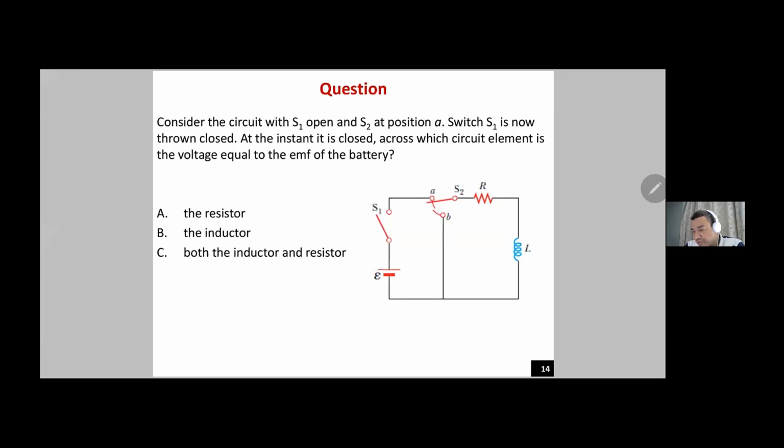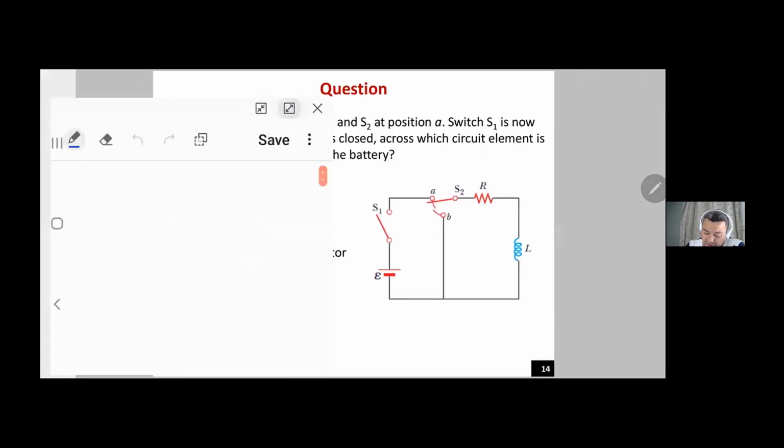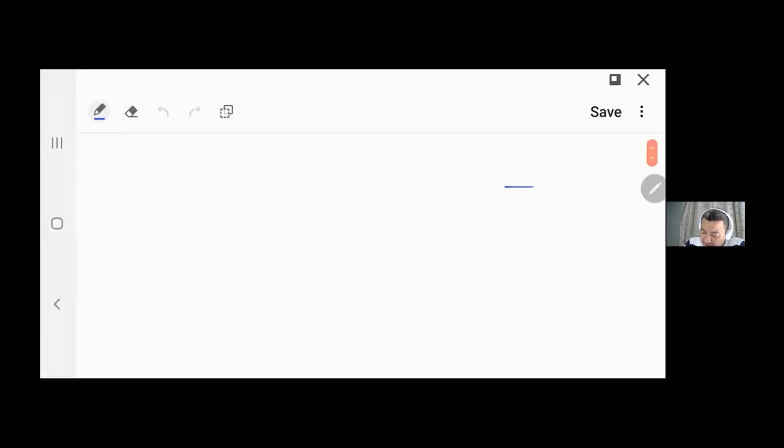Consider the circuit with S1 open and S2 at position A. Switch S1 is now thrown closed. At the instant it is closed, across which circuit element is the voltage equal to the electromotive force of the battery?